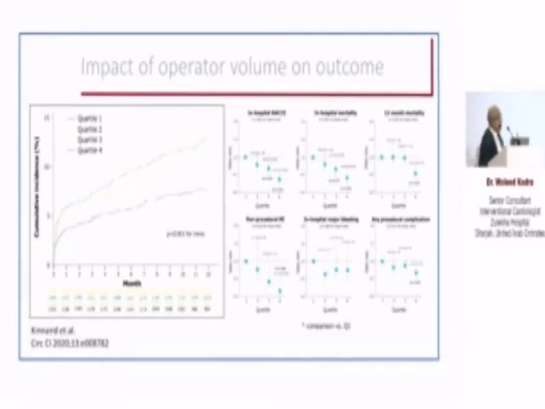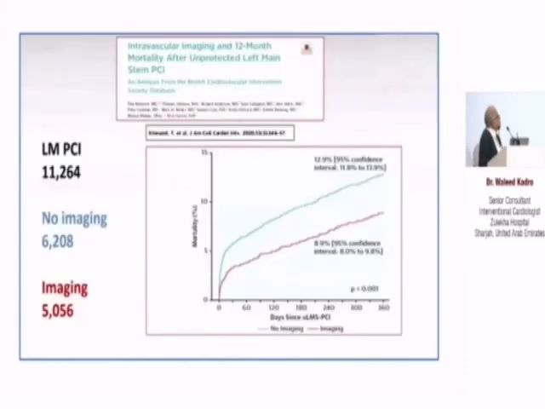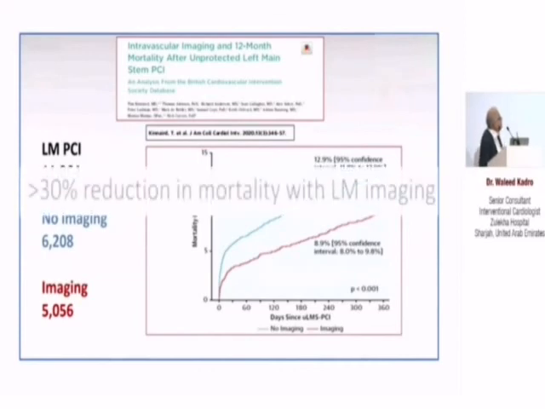Look at this in-hospital MACE, in-hospital mortality, 12 months mortality, peri-procedure MI, in-hospital major bleeding, all reflected according to the volume. And also when you use IVUS, we get a 30% reduction in mortality with left main imaging.